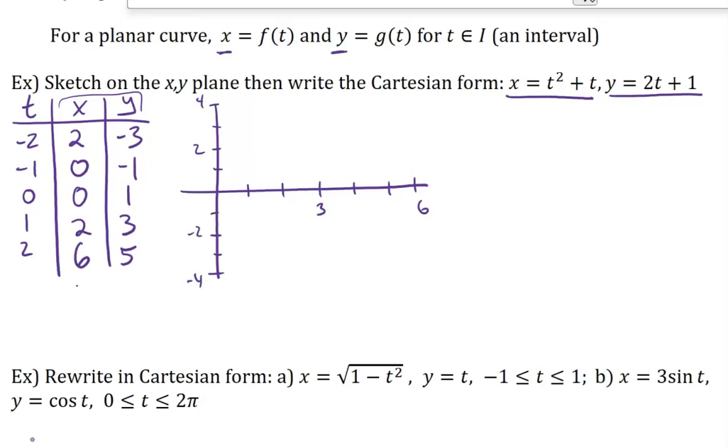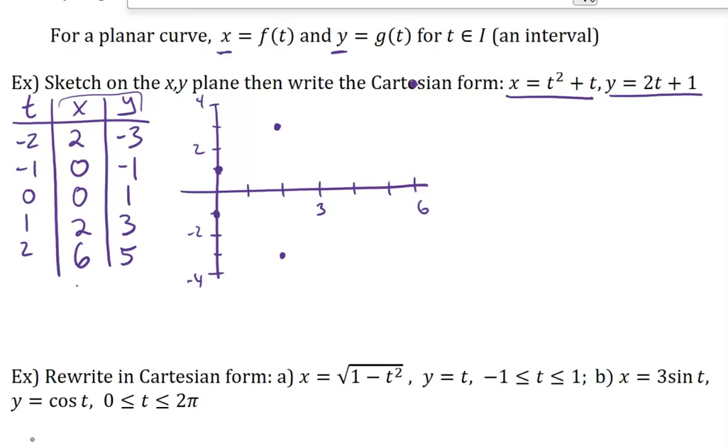Okay, so I'm starting at 2, -3, and then 0, -1, and then 0, +1, and then 2, 3, which looks like I have some symmetry happening here over the x-axis, and then 6, 5. I went up to 4. That's okay. We'll put it right there.